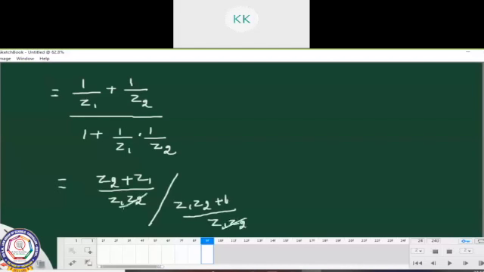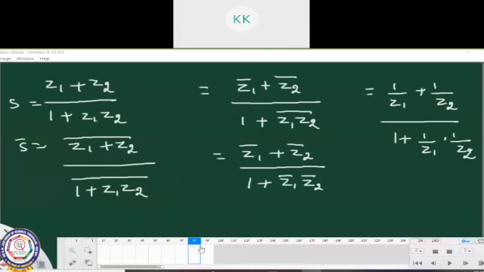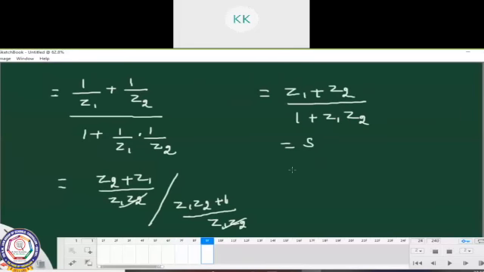So what is the final answer? You write it in a proper way. See here, Z1 plus Z2 by 1 plus Z1 Z2. It's nothing but S. So S bar equal to S.